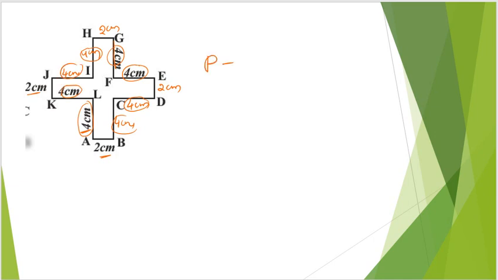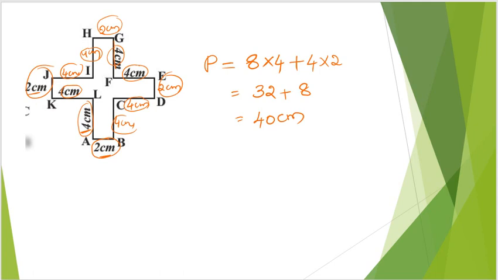So if you want the perimeter, there are 8 4s, so 8 into 4 plus, next how many 2s are there? 1, 2, 3, 4, so 4 2s are there, so 4 into 2. 8 4s are 32 plus 4 2s are 8. So 32 plus 8 is 40 centimeters. So this is the problem related to the perimeter from the given figure.